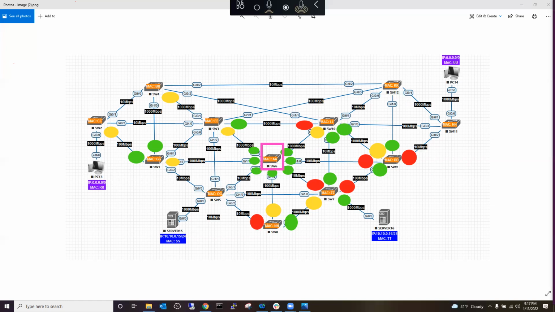That's a 10 meg link, so that's slower. Hold on, which switch are you on? Switch 1. Gotcha. Let me follow through switch 5. Switch 5 is probably the root port.